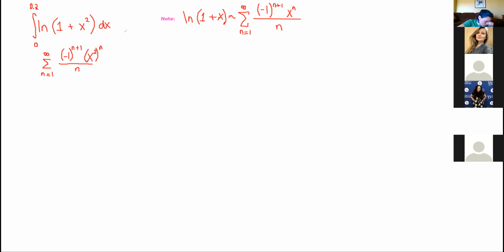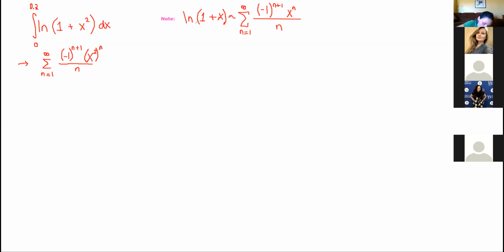So what I did here was I put in x squared in for x to get this summation for the series given. And so that just simplifies to x to the 2n, right?